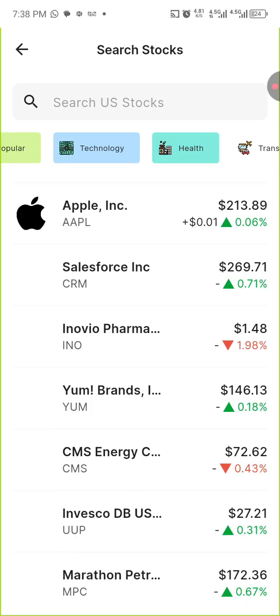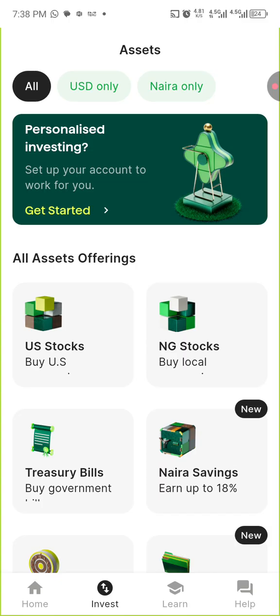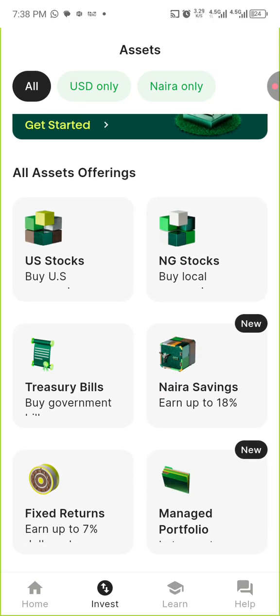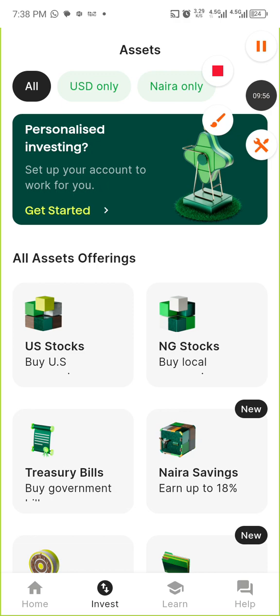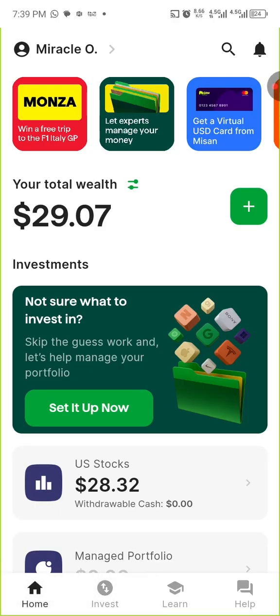Alright, so this is it. This is how to navigate buying stocks from Bamboo. So let's go back to how to fund your wallet here.